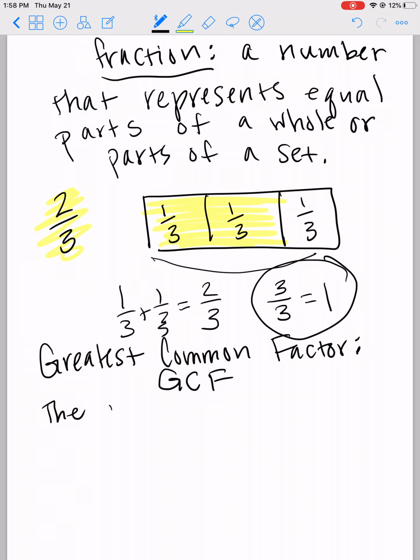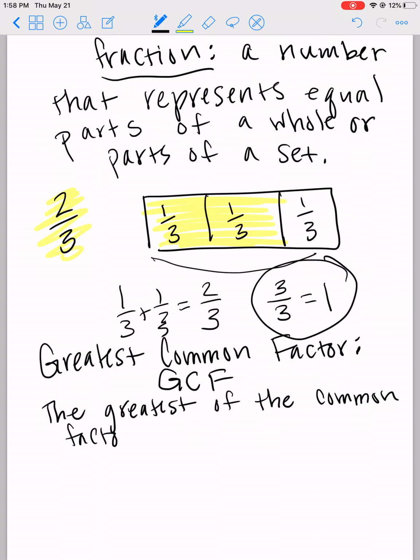The greatest of the common factor of 24 and 36. So we're going to find this. So we're going to go 12.